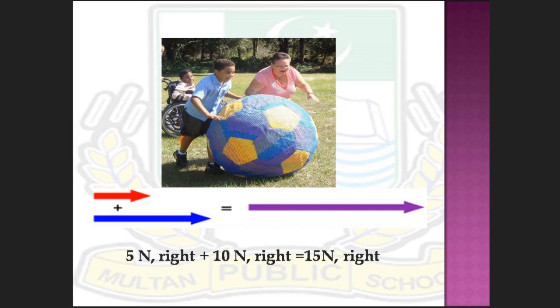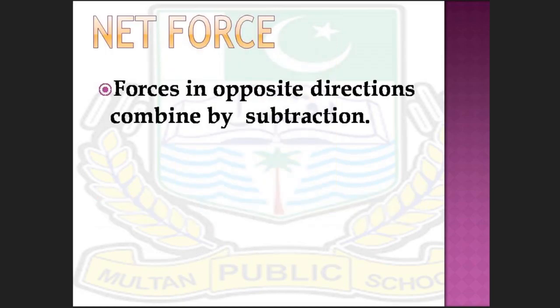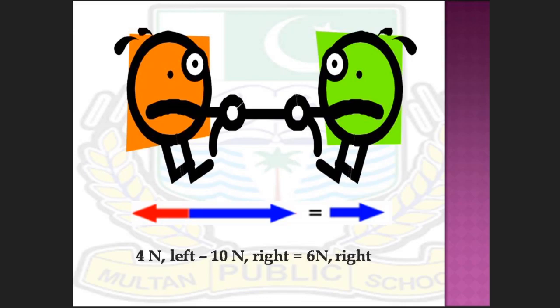So we're gonna add them and the resultant will be 15 Newtons on the right side. The second thing is the forces in opposite directions combine by subtraction. And here is the example. 4 Newton towards the left side and 10 Newtons towards the right side. And the resultant will be 6 Newtons to the right side.